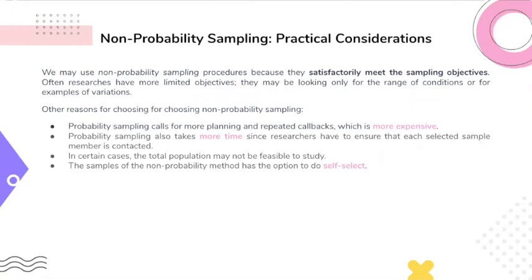give a brief explanation about why non-probability sampling can also be considered over probability sampling. We may use non-probability sampling procedures because they satisfactorily meet the sampling objectives. We do have objectives for our sample, and through non-probability sampling, we can easily target our samples.